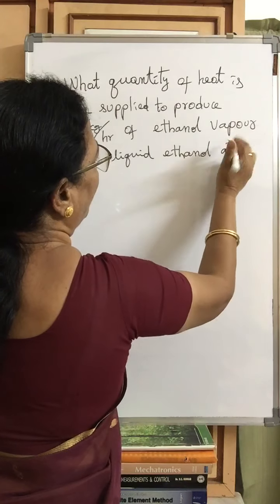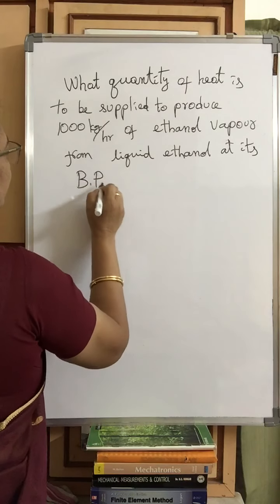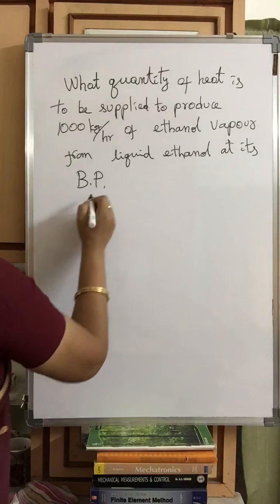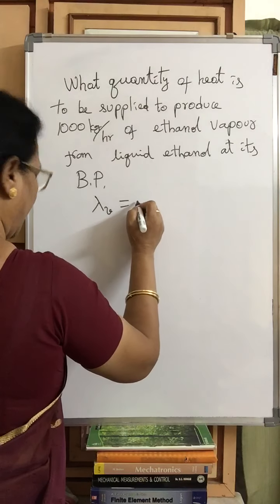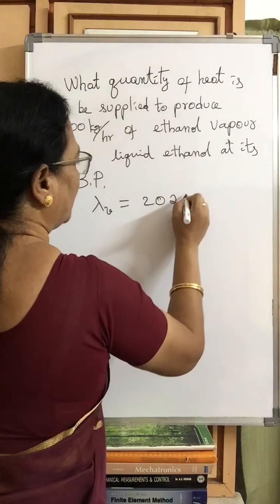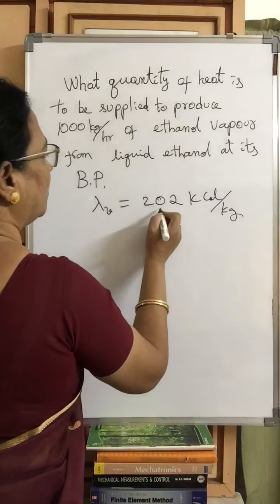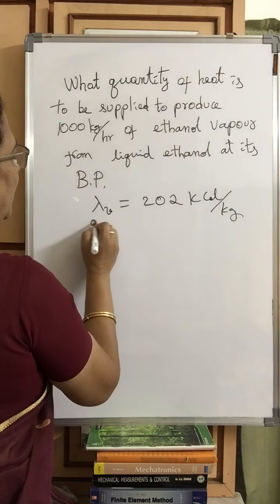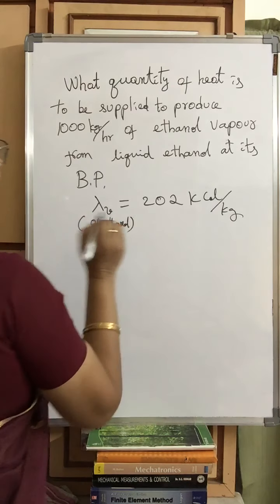The latent heat of vaporization, lambda V, of ethanol is given as 202 kilocalories per kg.